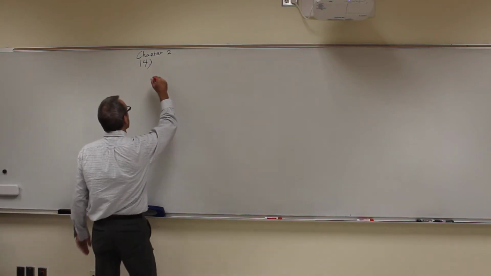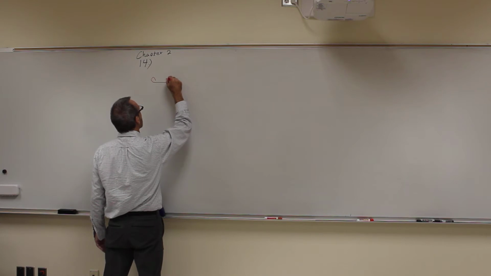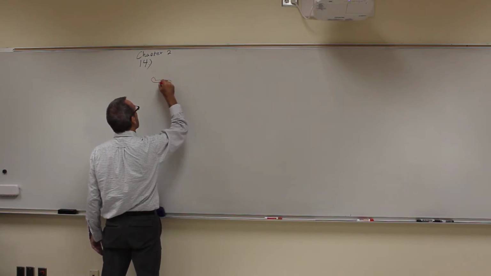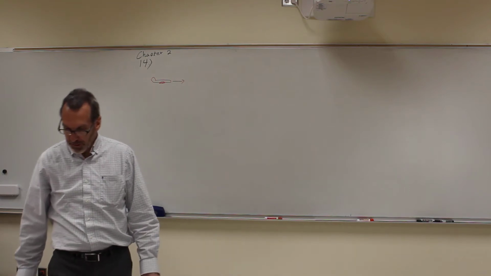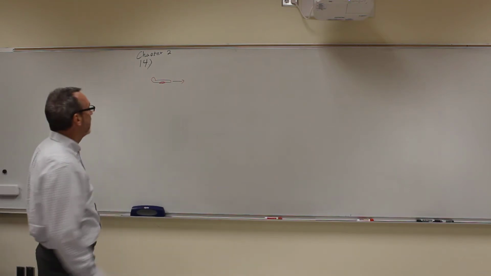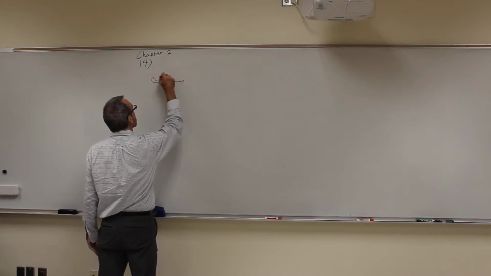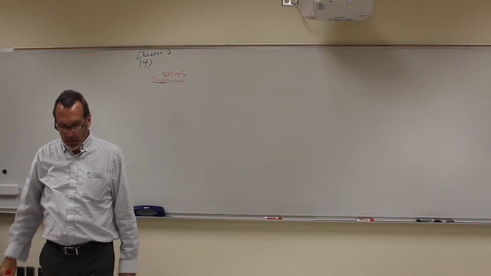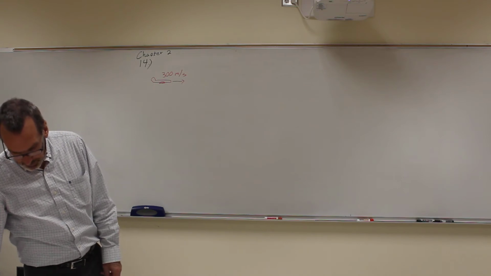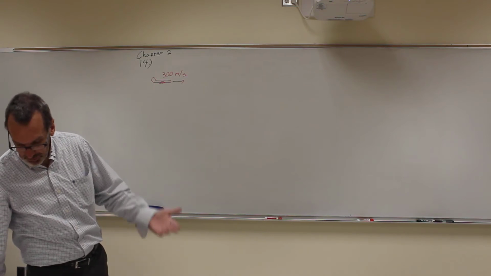So I like to draw a picture to graphically understand what's going on here. So here's my airplane going along, and it starts out with an initial velocity of 300 meters per second. And then it suddenly turns up the engine, so that means it's accelerating.